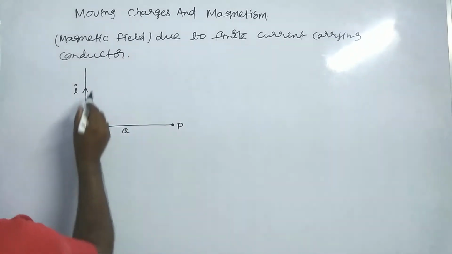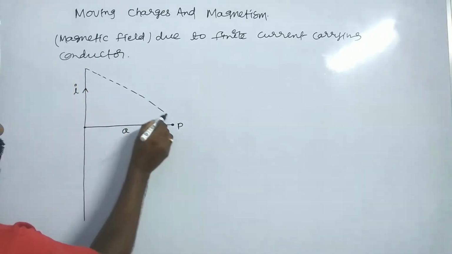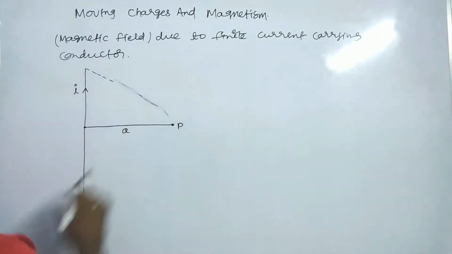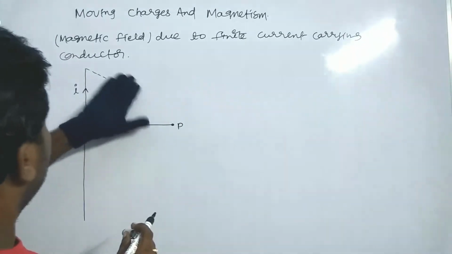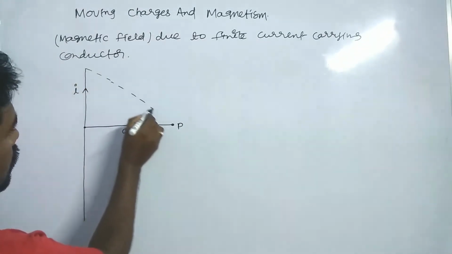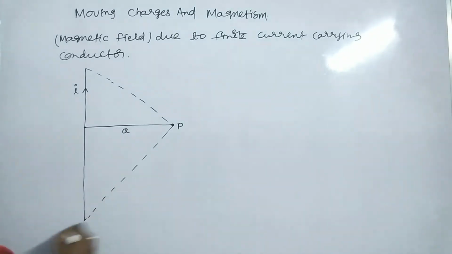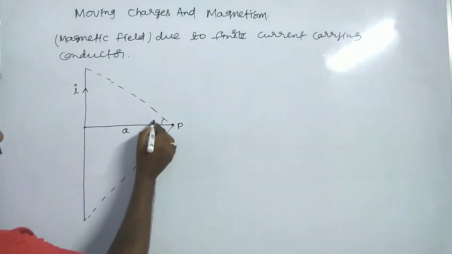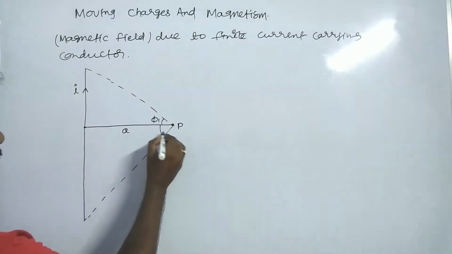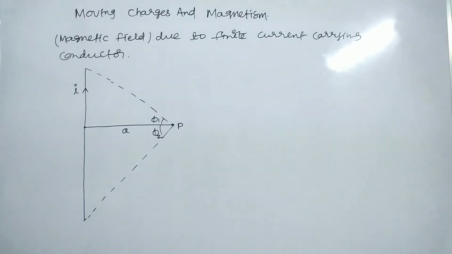From this point we have to write the angles. So here this is the angle phi 1 and angle phi 2.